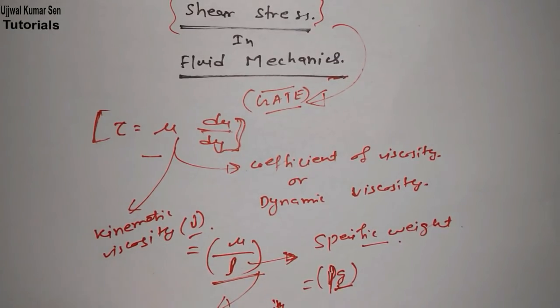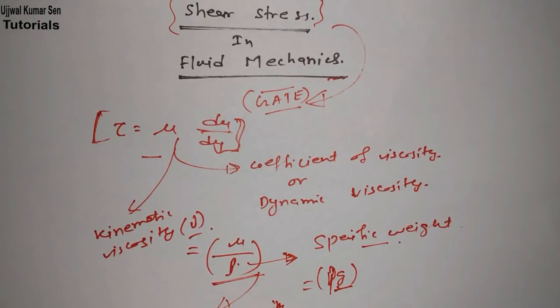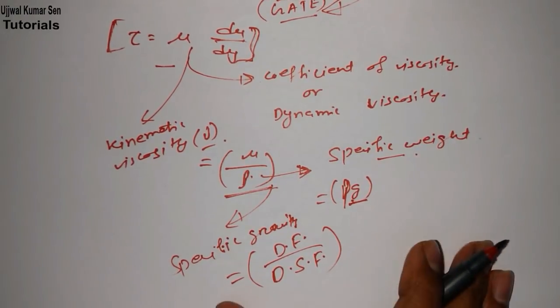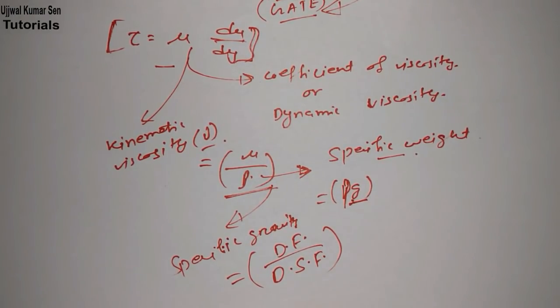So they have related this density with this one, to make the problem a little bit more difficult, to increase the difficulty level. So if you are preparing for GATE, then probably you are solving previous year GATE papers, right?